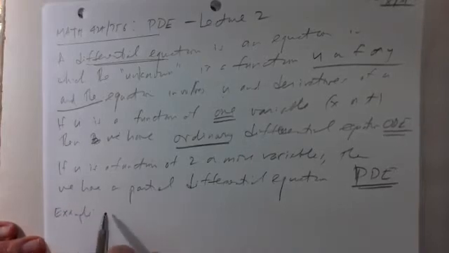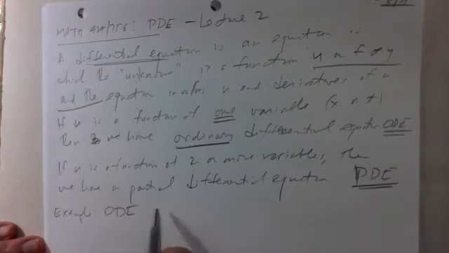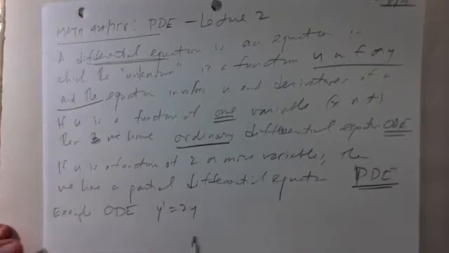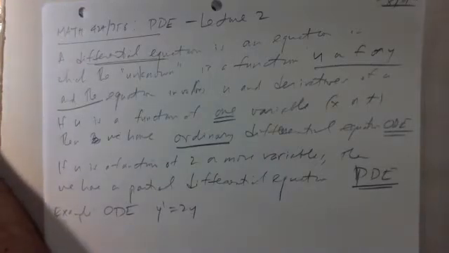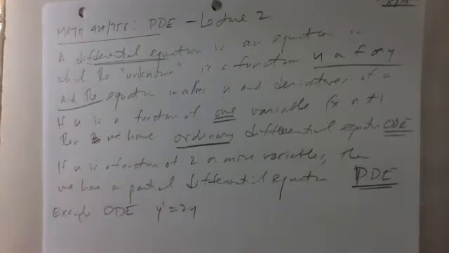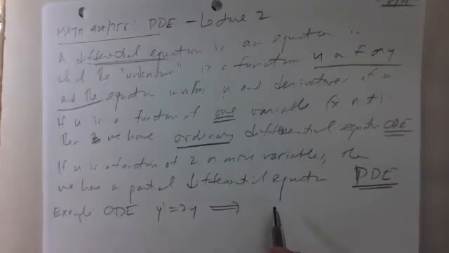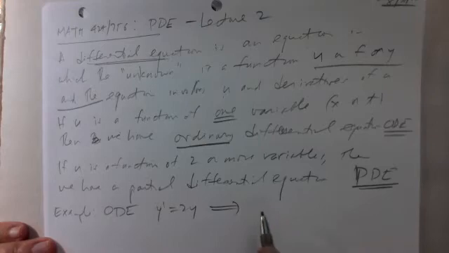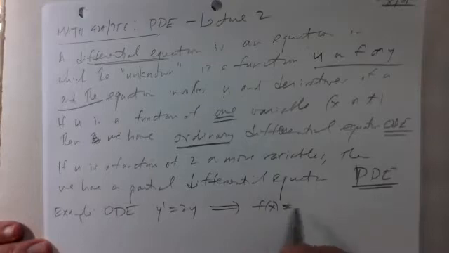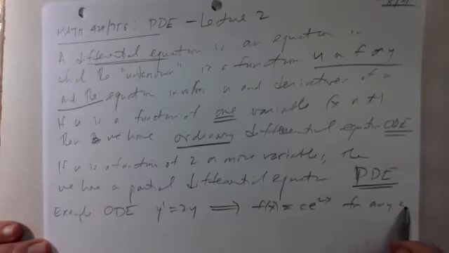For example, if we have the equation, this is an ordinary differential equation, y prime equals 2y, that means find the function y whose derivative is equal to 2 times itself. And we saw on Wednesday, and we'll see again today, that the solution of this equation is the function f of x equals some constant c times e to the 2x for any c.